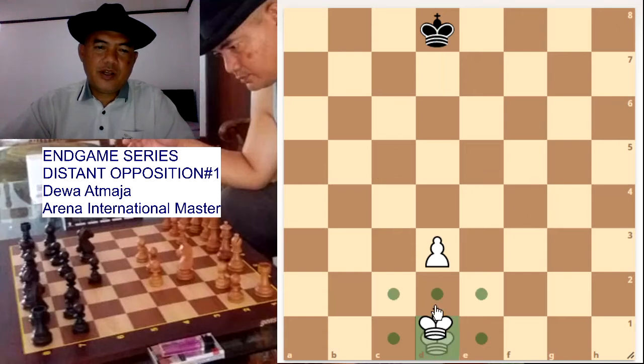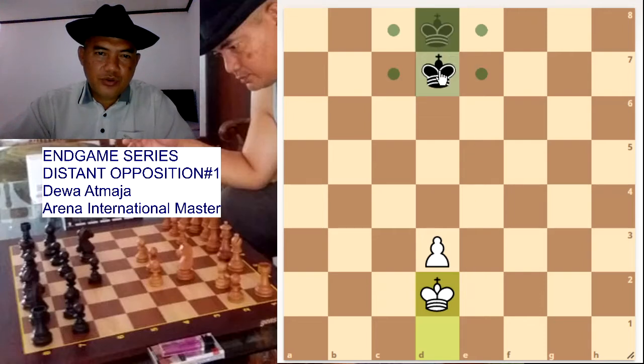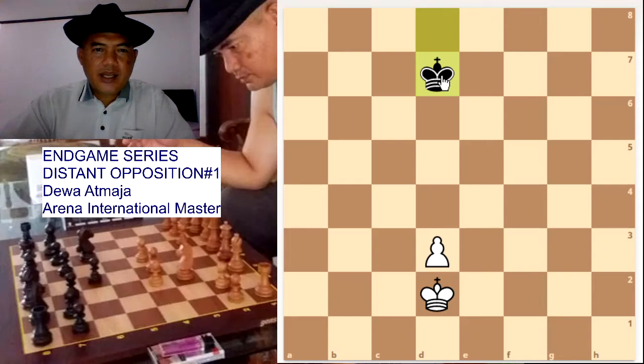For example, if white moves to d2, then black can move to d7. Black is not afraid of the distant opposition, because the white pawn is here on d3, which is a corresponding square.